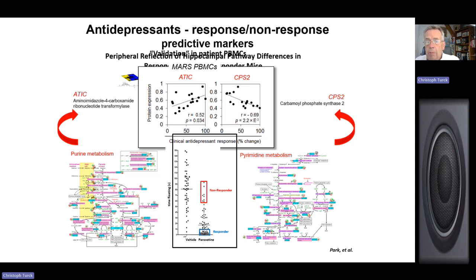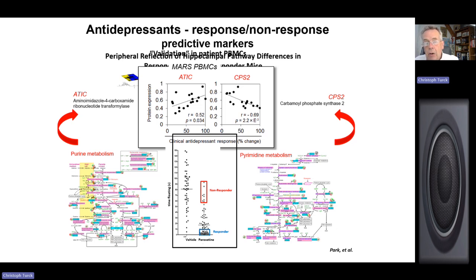And there's this Munich MARS, or Munich Antidepressant Response Signature study. We got blood samples, PBMCs, peripheral blood mononuclear cells.